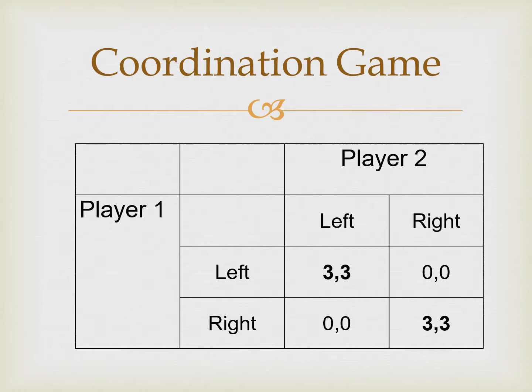Player 1 would choose to play left if player 2 does play left, and player 2 would choose to play left if player 1 did play left. Player 1 would choose to play right if player 2 does, and player 2 would choose to play right if player 1 did. In both situations, neither player would want to move, holding the other actors constant, so both of these options, left-left and right-right, would be pure strategy Nash equilibria.